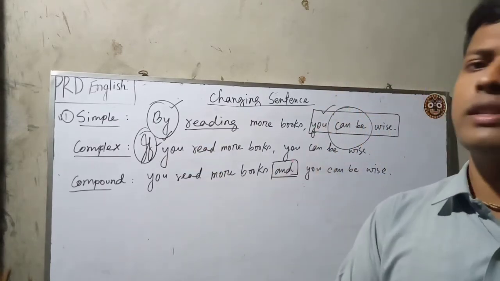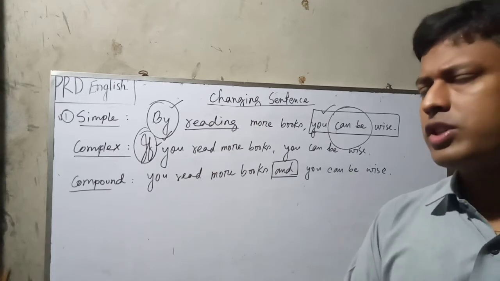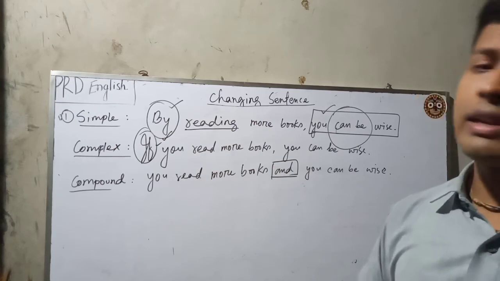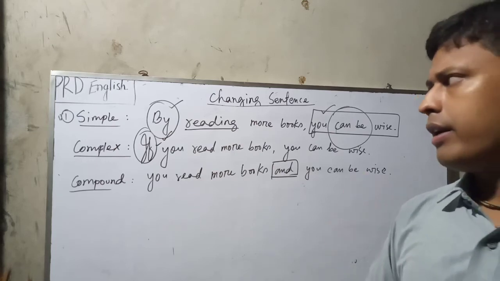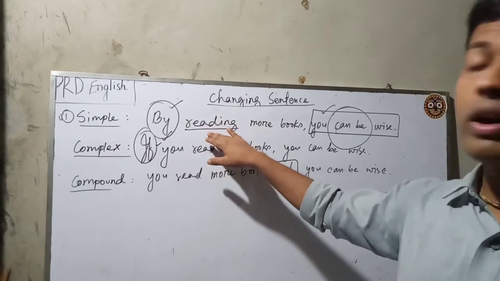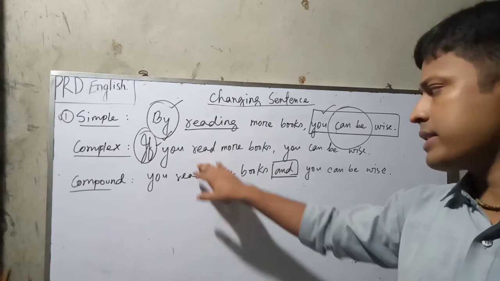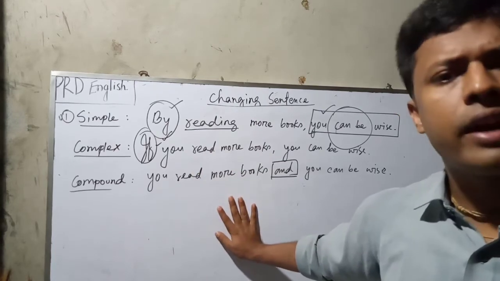With the first discussion, in a structure I have told you how to make a simple sentence, what sort of sentences are simple, what sort are complex, and what type are compound.